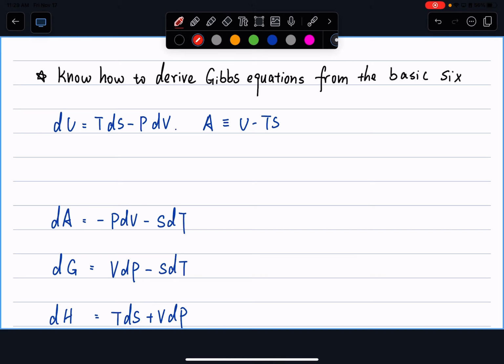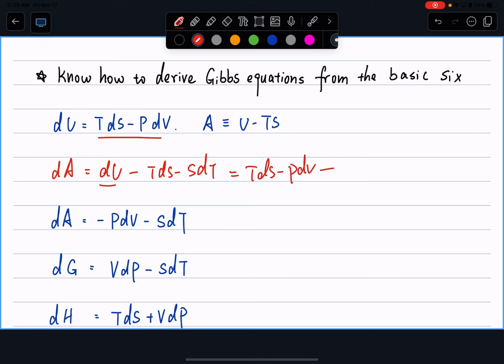For example, if we're talking about A, we say dA equals dU minus TdS minus SdT, and here dU equals TdS minus PdV, and then minus TdS minus SdT.